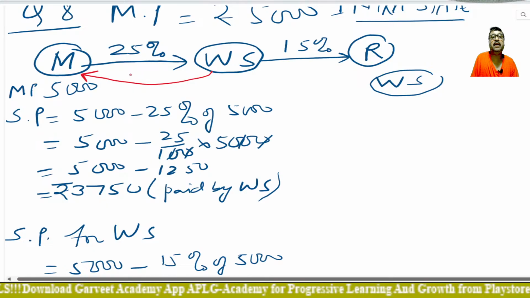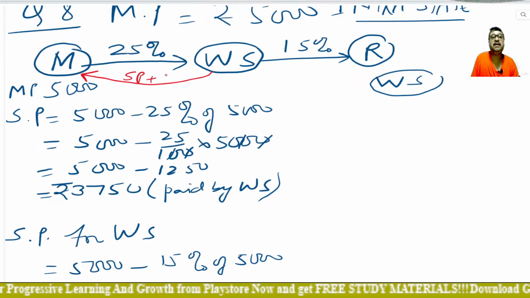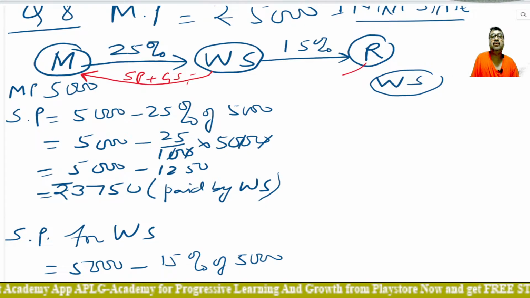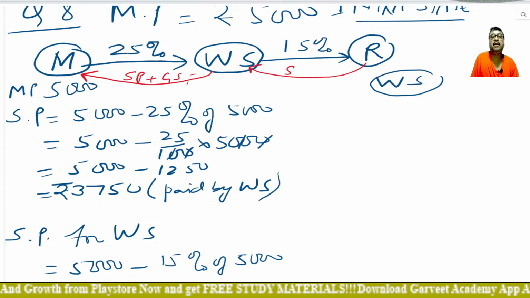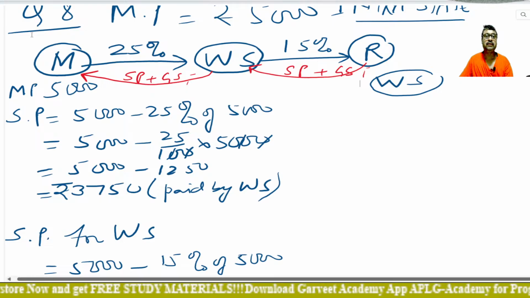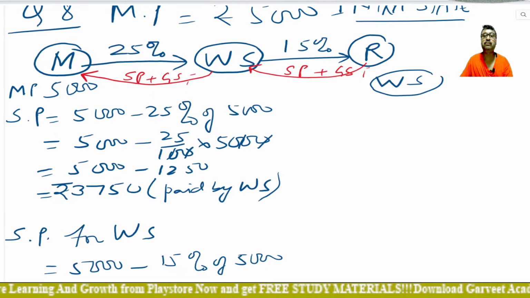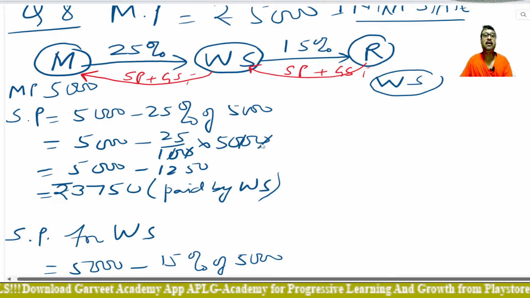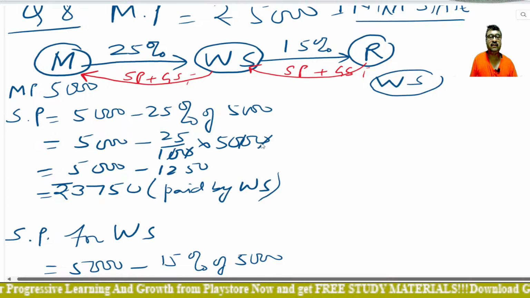So how much will he pay? Selling price plus GST, right? The retailer will pay the wholesaler. How much will he pay? Selling price plus GST, right? Got it? Yes or no? The wholesaler will pay the manufacturer and the retailer will pay the wholesaler. Is it clear?